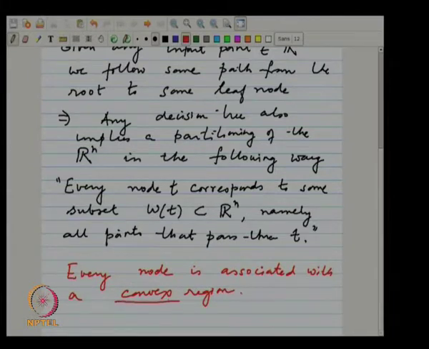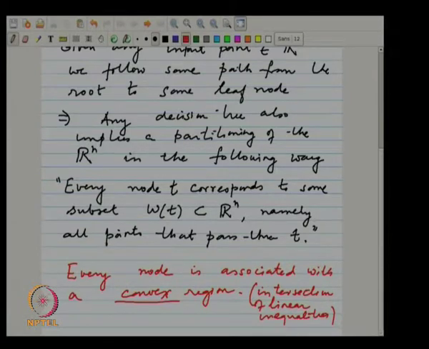This is the operative word, because it is the intersection of linear inequalities, which are convex sets. That is it. So, the primary property is this, the fact that every node and therefore every leaf node is associated with a convex region.